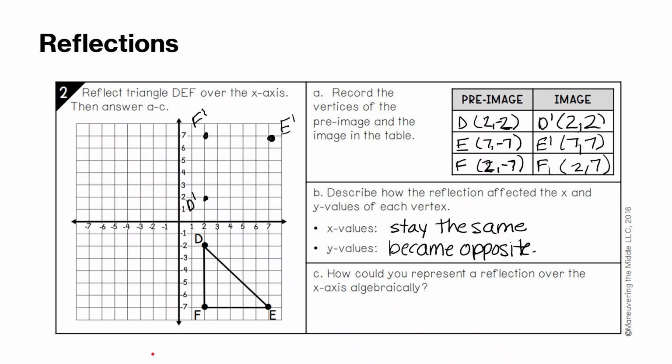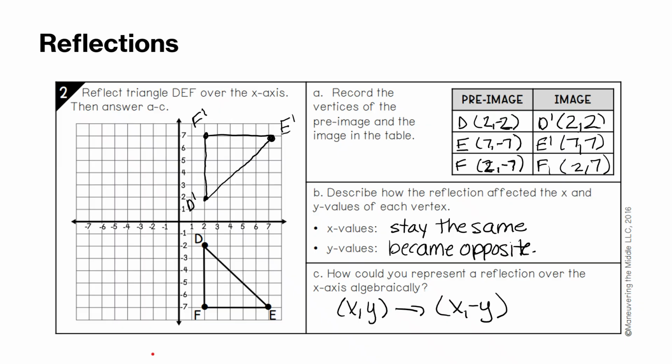So if you are reflecting over the x-axis, your y values are the opposite. If you're reflecting over the y-axis, your x values become opposite. So here is our transformation notation for that. This time, it's our y value that's the opposite. Let me connect these. Make sure my shape stayed the same, but flipped over the other way, making a mirror image.